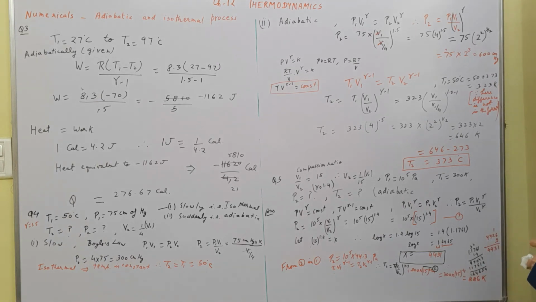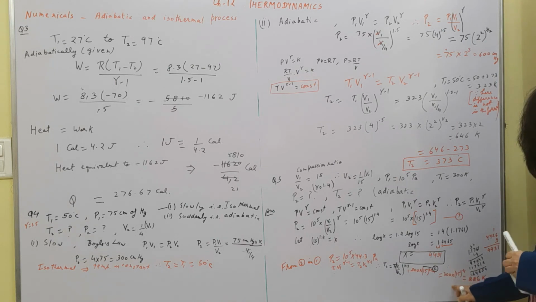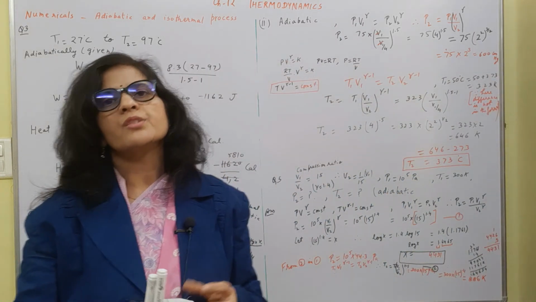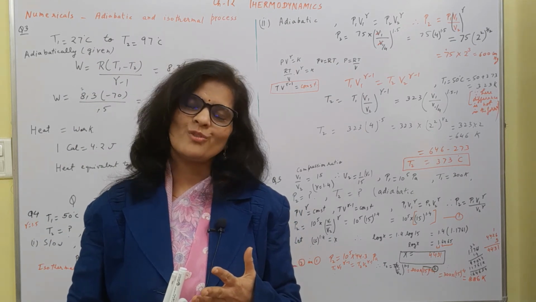I have already taught how to find the values using log table. So here also you need to use the log and anti-log concept to find the value of 15 to the power 0.4. So this was all about the isothermal and adiabatic questions. That's all for now. Have a nice day.